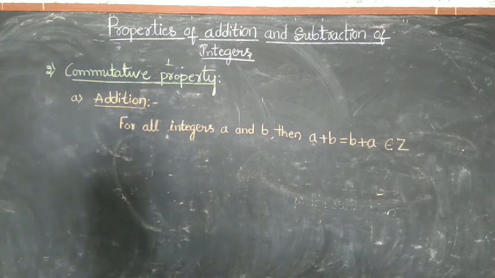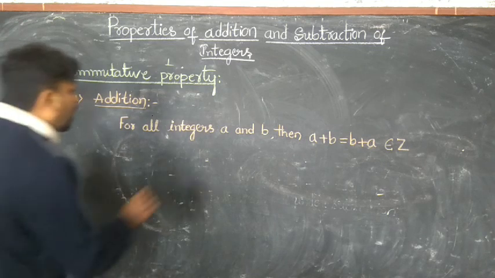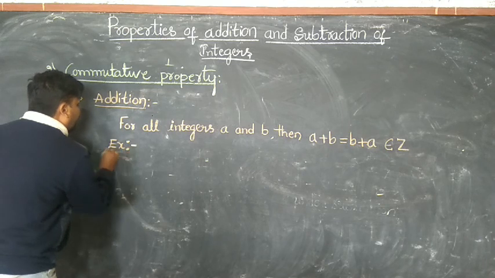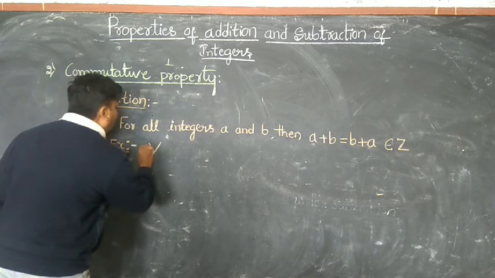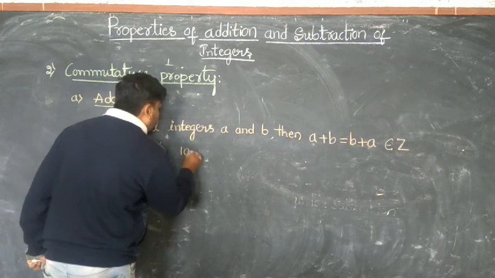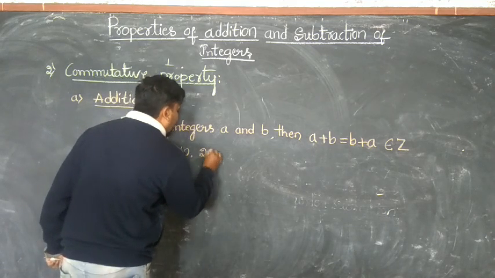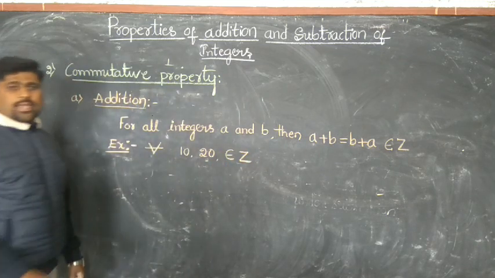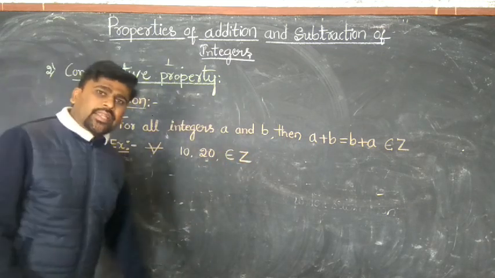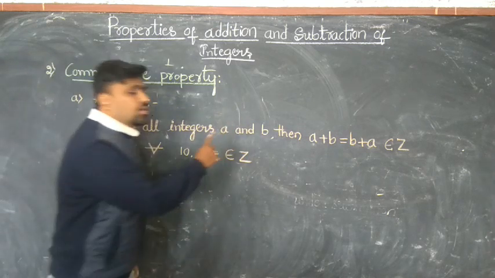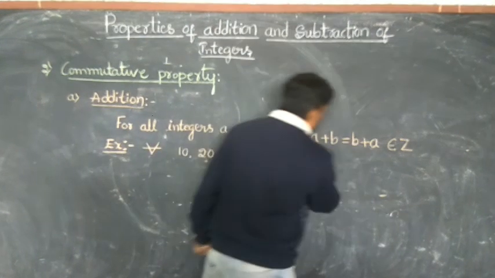Clear? Now, how does it satisfy for addition? One example. For all 10 and 20 belongs to Z. What is the rule regarding the commutative property?